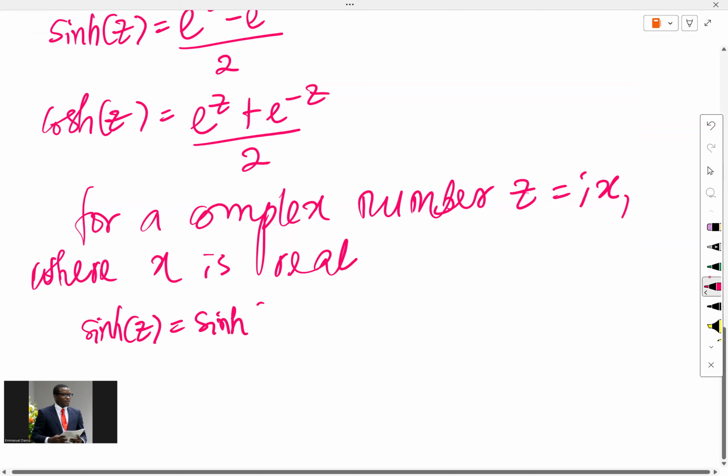Anywhere you see z, you put ix. And that is simply e raised power ix minus e raised power minus ix all over 2.